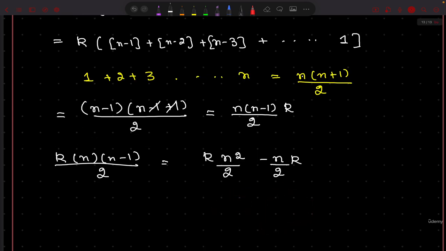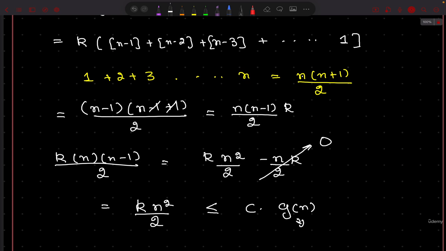That means I can just cancel it out. If this is the final relation which I am getting, which is k n square by 2, I can just do c dot g of n. G of n I can take directly as n square, and c I can take something, let's say k by 2 plus 1. So I have now created an upper bound.